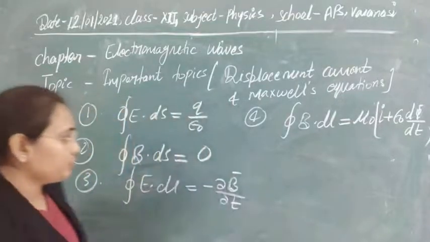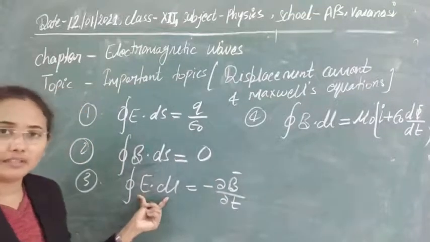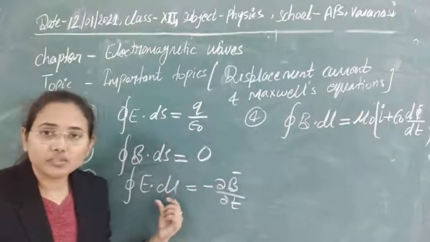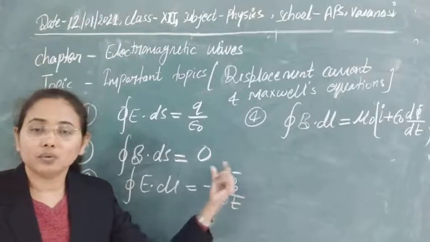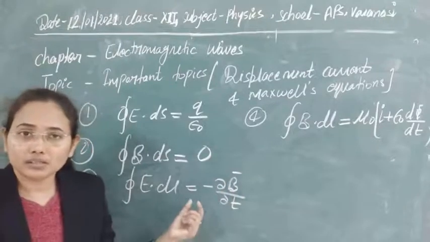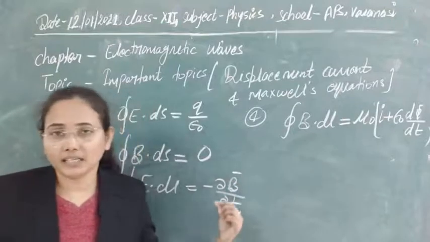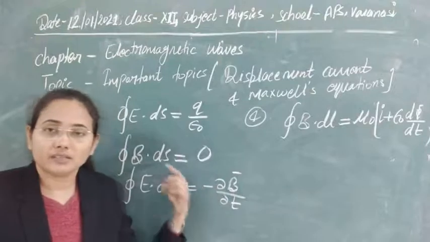So due to a changing magnetic field, an electric field can be produced within any system. Also, the induced EMF produced here opposes its own cause, meaning it opposes the change in flux or magnetic field. That's why there is a minus sign. So this is the physical significance.